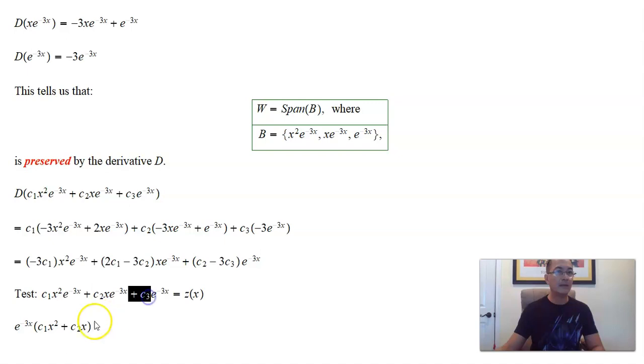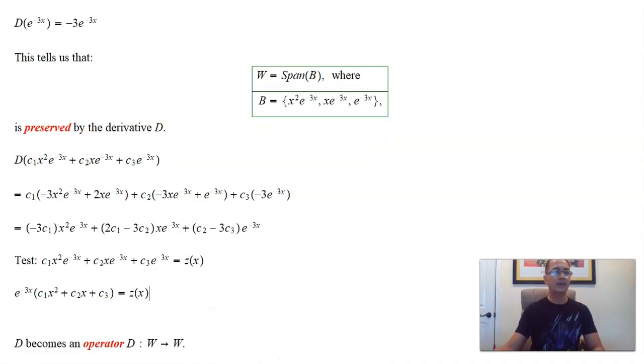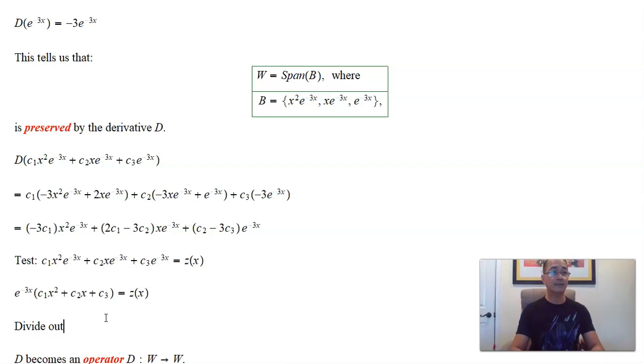And plus c3. So that is equal to 0 times. Whoops. Cut and paste fail. That's better. Well, e to the minus 3x is never 0, so we can divide it out.